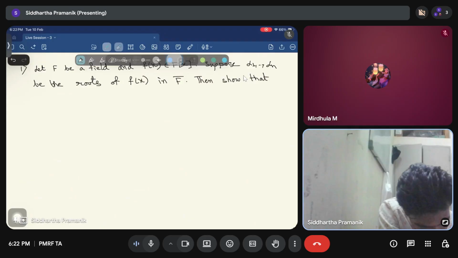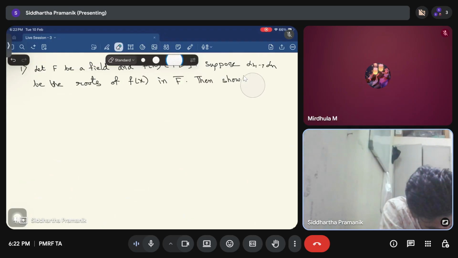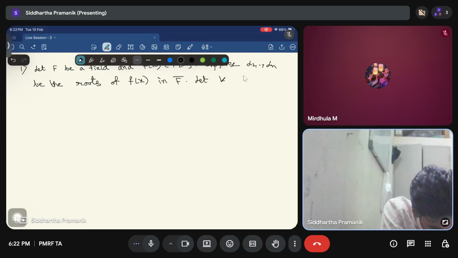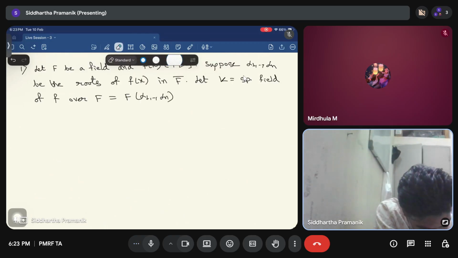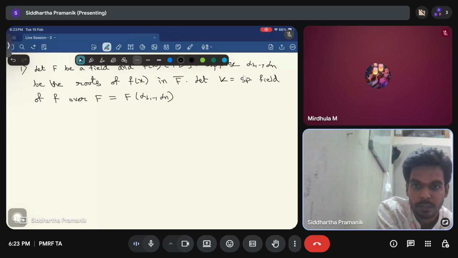Also let K be the splitting field of f over F. So then basically K is the same as F adjoined with the roots alpha 1 up to alpha n, right? So this is one of the definitions of splitting field.